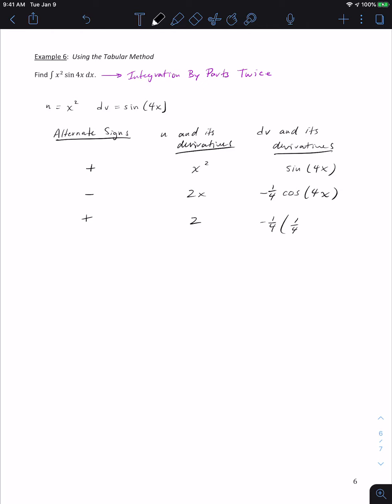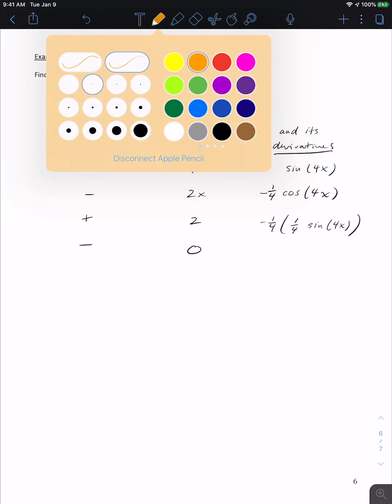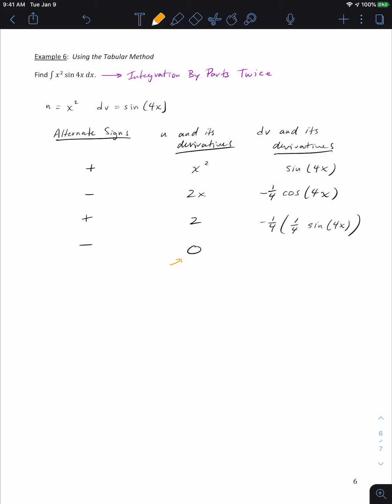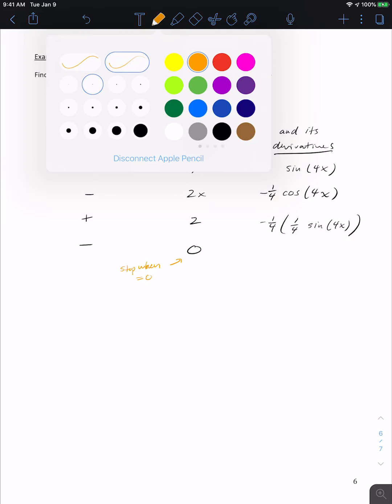And the antiderivative of cosine is sine of 4x. And then we do it again. So I do a negative sign, and then the derivative of 2 is 0. Here's how I know I'm going to stop. This is my last line of the table. So we stop when the derivative is 0.